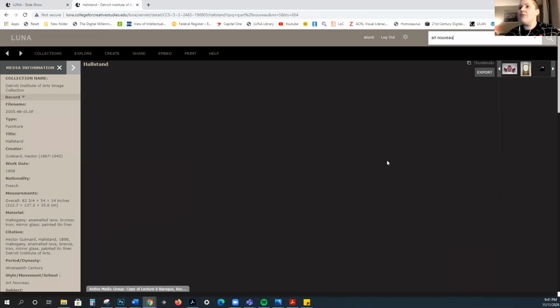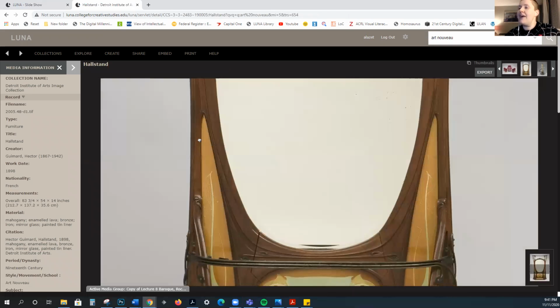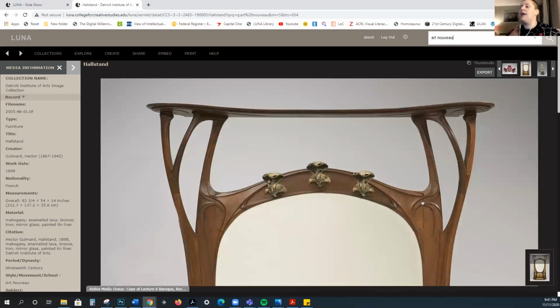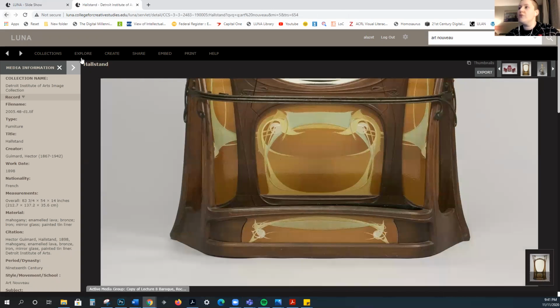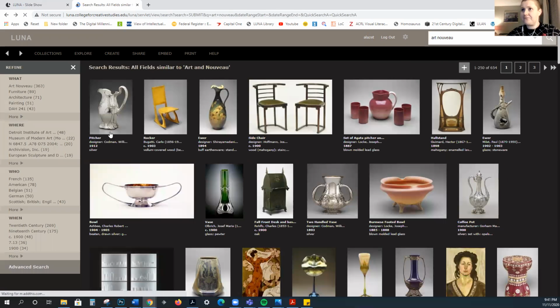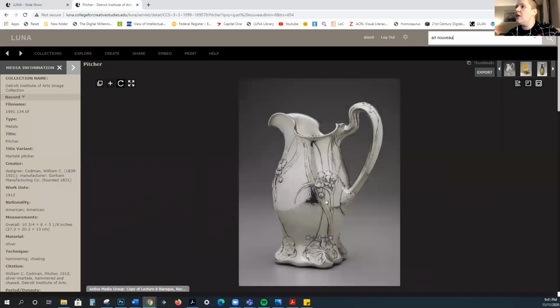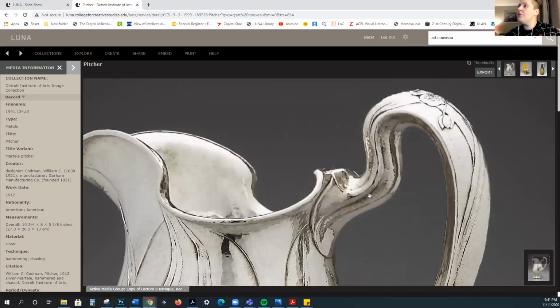So you have furniture like this hall stand, which is based on the idea of things like vines and nature. And when I say organic, I mean something that is grown rather than produced, right? And so you have all these curving organic lines. Even this picture, right? This picture is designed to have flowers. It's intricate. It's very graceful.